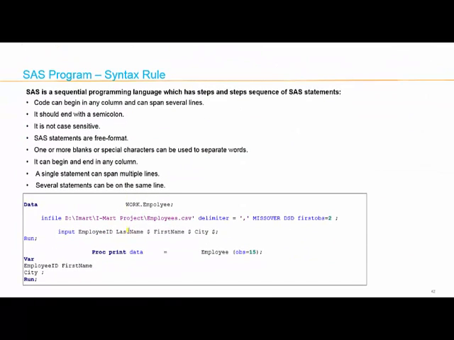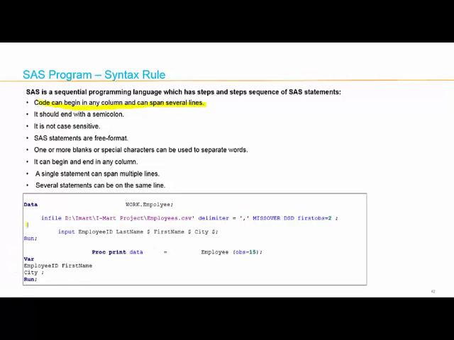Whenever you write a SAS program, there are some syntax rules you always need to follow. In some cases these rules are ignored by SAS, but it's always a good habit to follow them. For example, the first rule says that code can begin in any column and can span several lines.